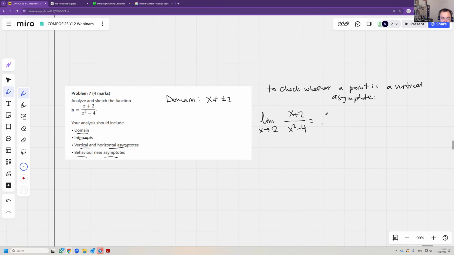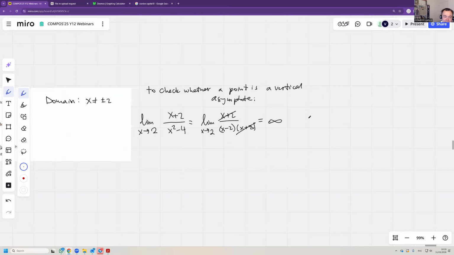That's equal to the limit of (x plus 2) over (x minus 2)(x plus 2) as x tends to 2. And as x tends to 2, you can see that it tends to infinity. So that means x equals 2 is a vertical asymptote. At a point of vertical asymptote, the function has to go to infinity.